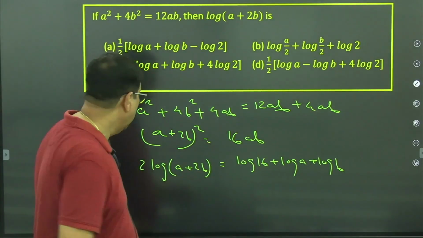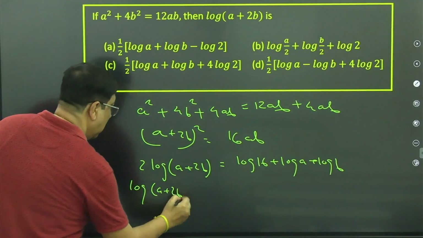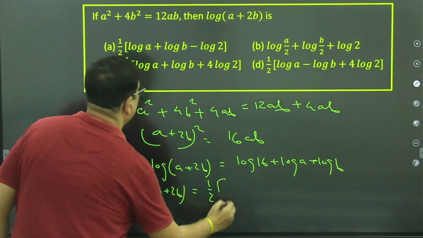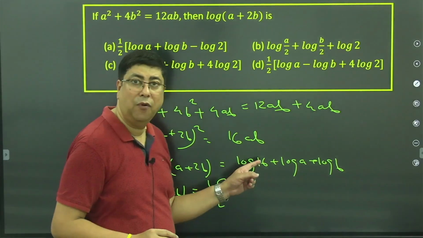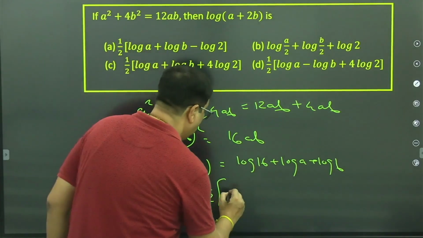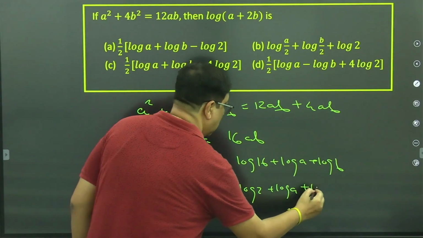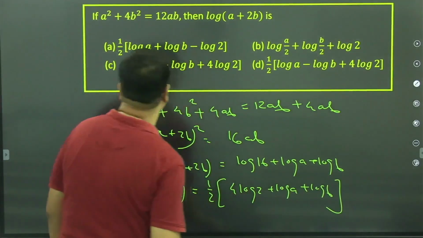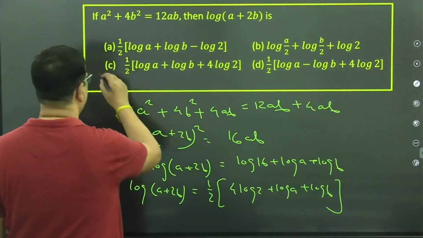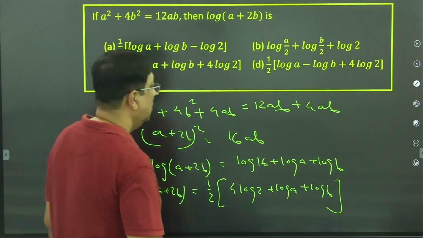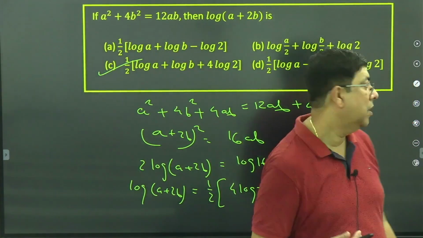Therefore we can write log of a plus 2b equals half of, what is coming here, 16 is 2 to the power 4, so 4 log 2 plus log a plus log b. So what is the answer matching here: 4 log 2 plus log a plus log b. Option C is the right option. Ready, let's go to the next sum.